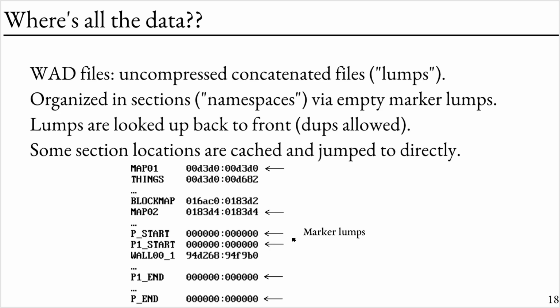They're just zero-length, virtual files, essentially. In-game lumps are looked up back to front, meaning from the end of the list of WAD files all the way to the beginning. Some of these sections are cached, so instead of looking up the start of all P lumps, for instance, the locations of P_END and P_START are saved.